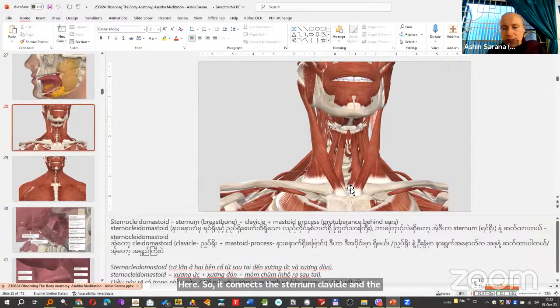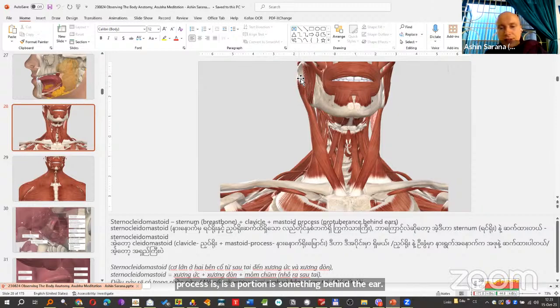So sternum, what is it? We'll be looking at it a little later. It is the thing that you have in the center of your ribs. Okay, that's sternum. Clavicles are these horizontally positioned bones by both sides of your shoulders. And the mastoid process is something behind the ear.